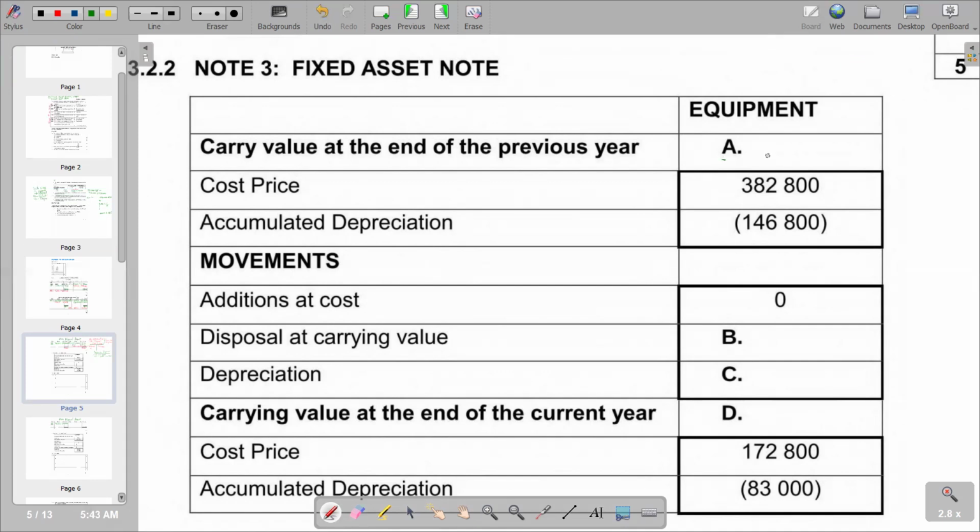So we're going to put our answer here. Basically, A is carrying value. And the formula for carrying value, we know that we say cost minus accumulated depreciation. So we have the calculation part.